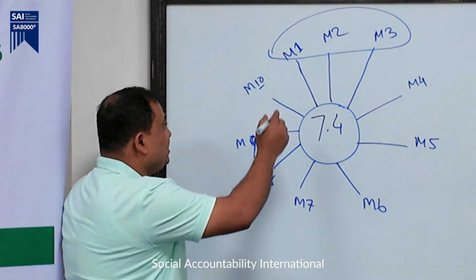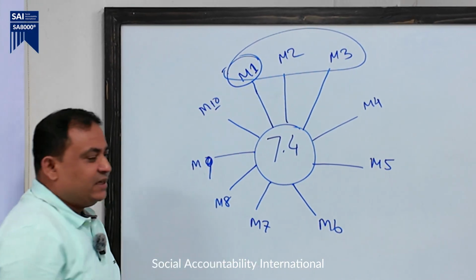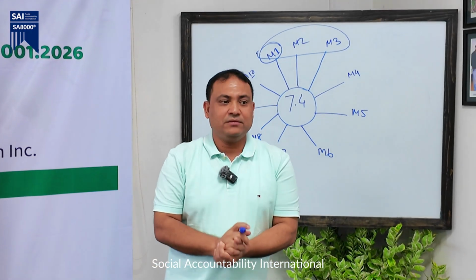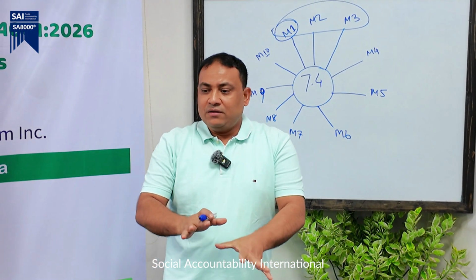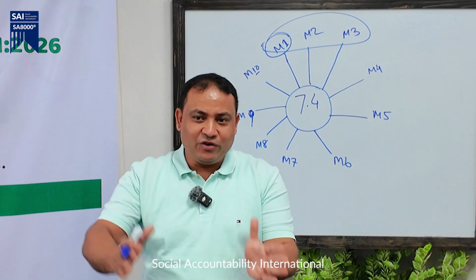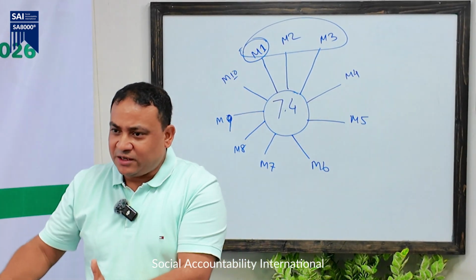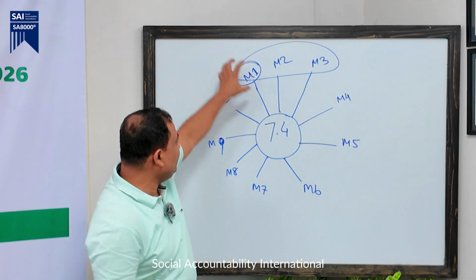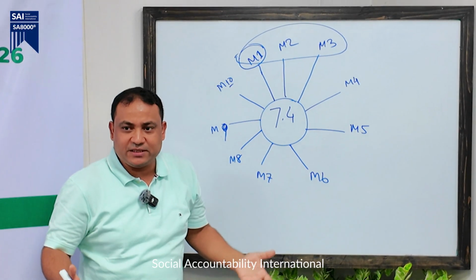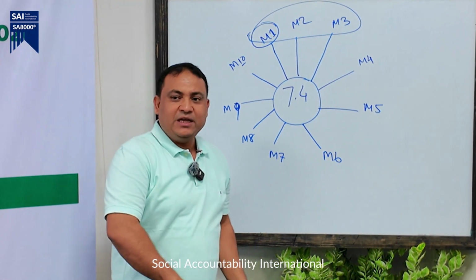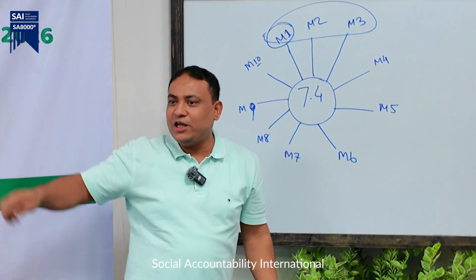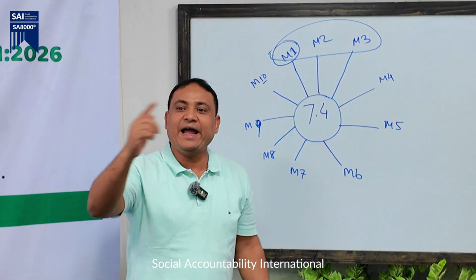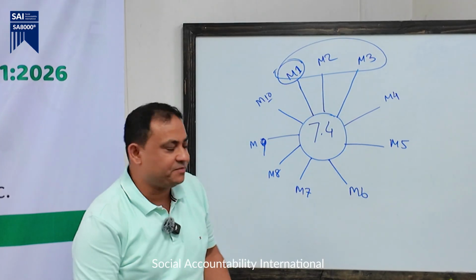That link is, first of all, the organization's top management shall set up their strategy about human rights for their own organization, for their business partners, means supply chain and other business relationships. So this is the first. They have to formulate their strategy first. And this strategy shall be integrated throughout their own business, supply chain and other business relationships.